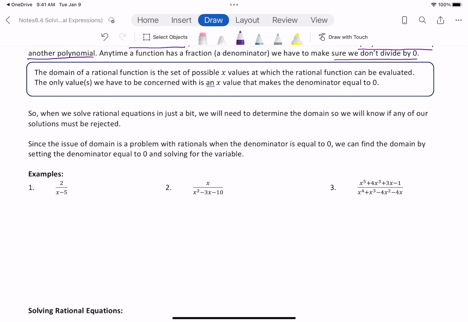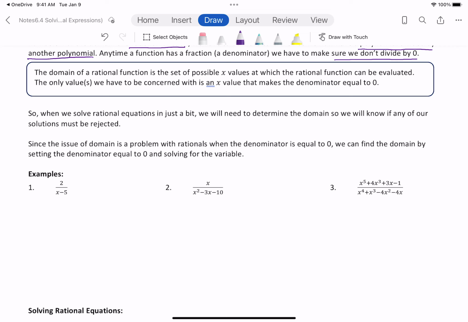So when we solve rational equations in just a little bit, we're going to need to determine the domain so that we'll know if any of our possible solutions need to be rejected because they're not in the domain. Alright, so first we're going to start looking at how to determine the domain of just a rational expression. So we don't have any equals in these.